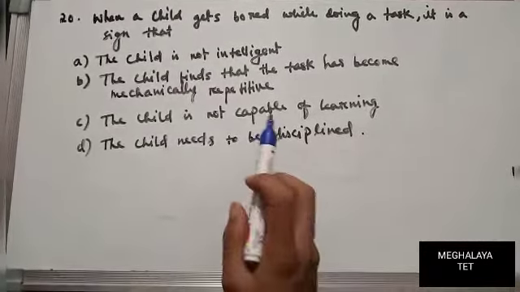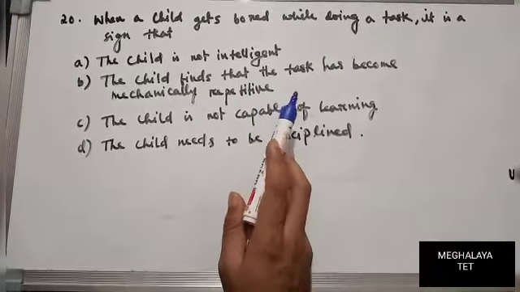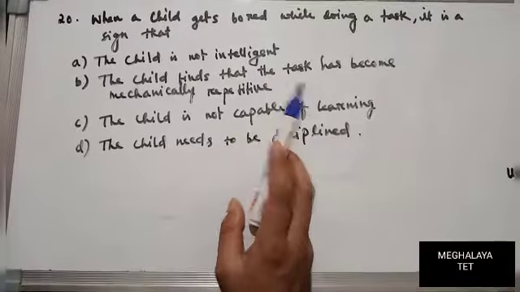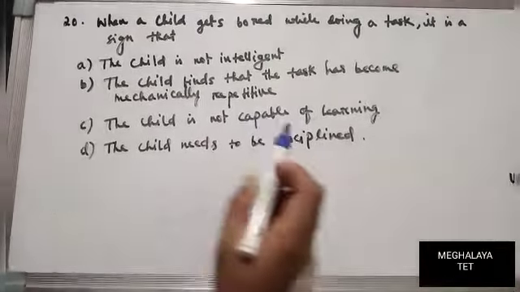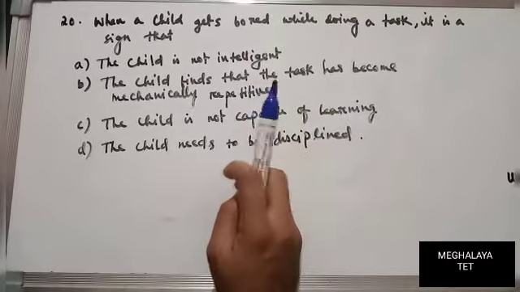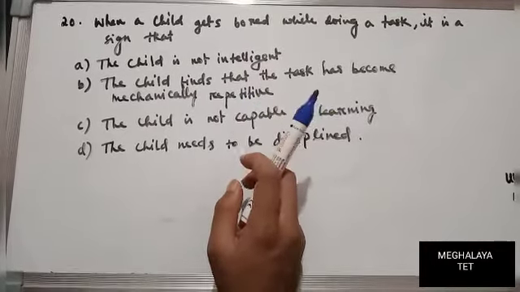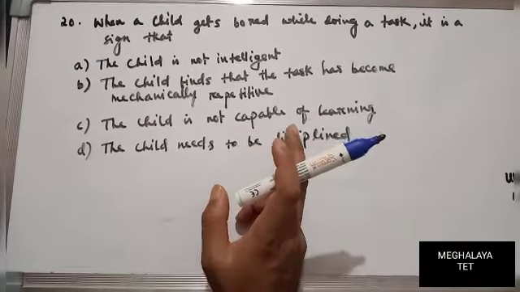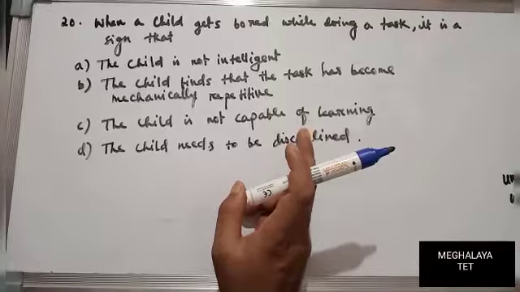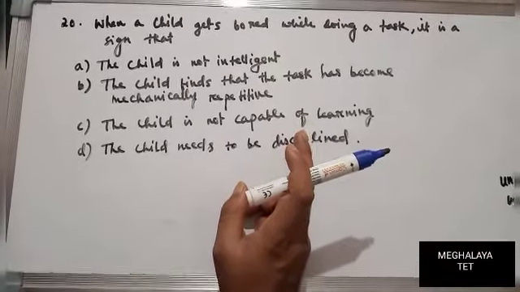Why do they get bored? Because the thing is mechanically repetitive again and again. That is the reason why the student or child gets bored while doing a task.